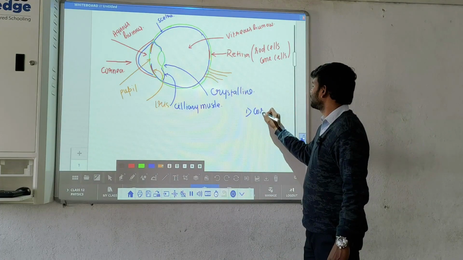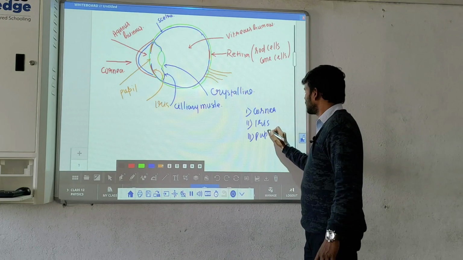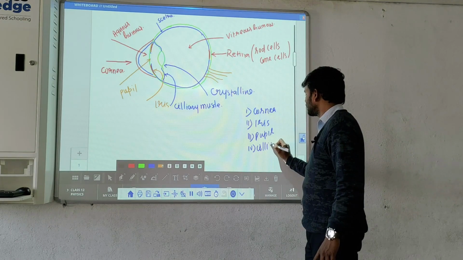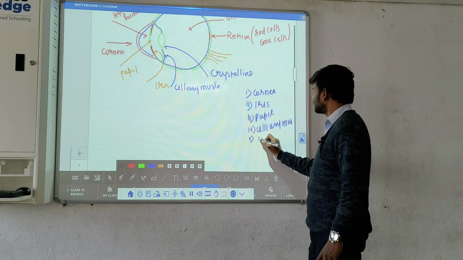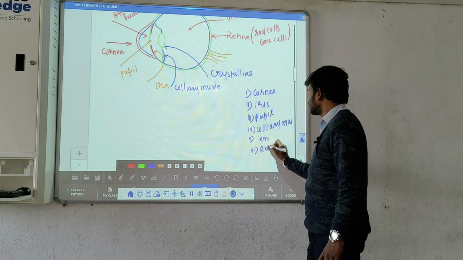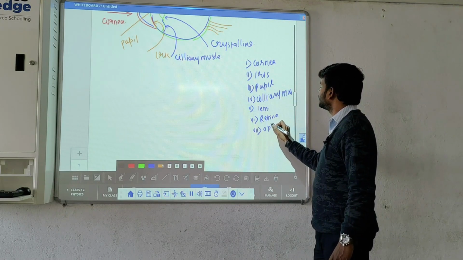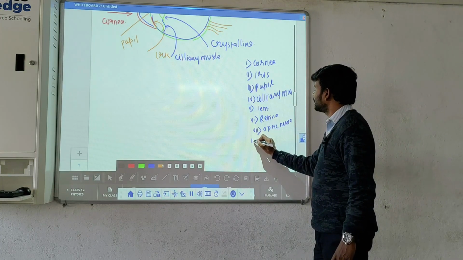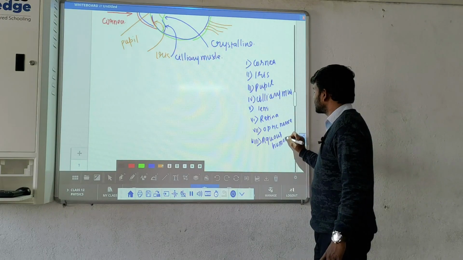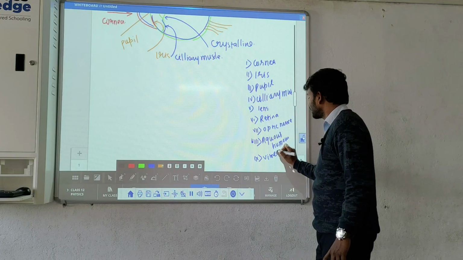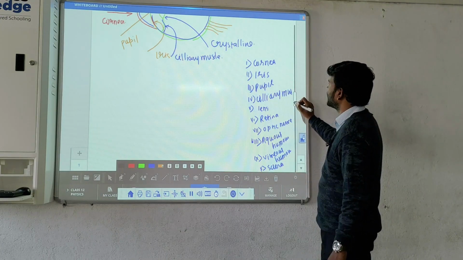The first part is your cornea, the second part is your iris, third is your pupil, fourth is your ciliary muscles, and fifth is your lens, sixth is your retina, seventh is your optic nerve, next is your aqueous humor, next is your vitreous humor, and last is your sclera. So these are the different components of the human eye that we see in physics.